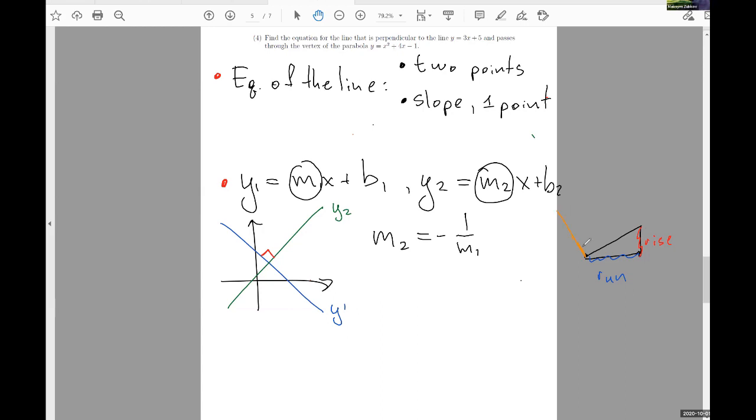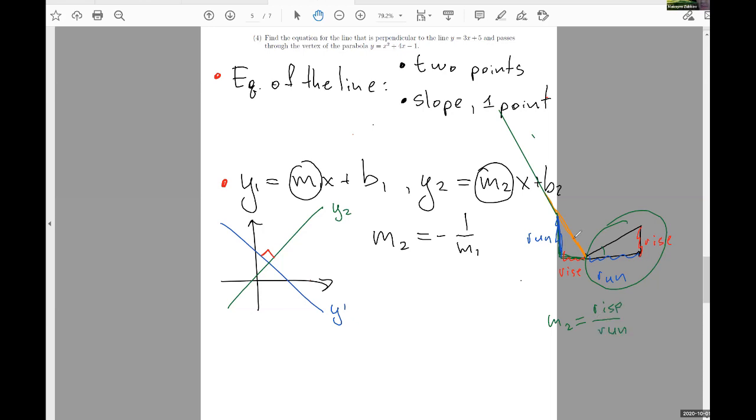This line goes to infinity. I'm going to flip my rise and run, so I'll have rise here and run here. Let's call this m2, which is equal to rise over run.